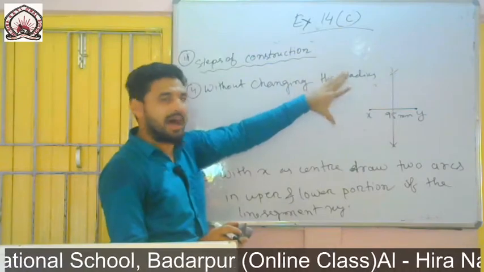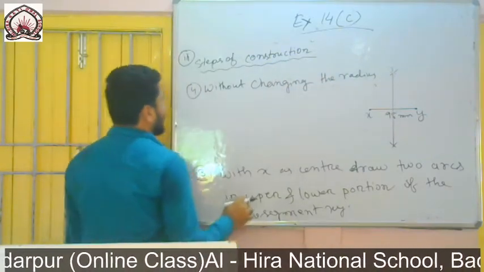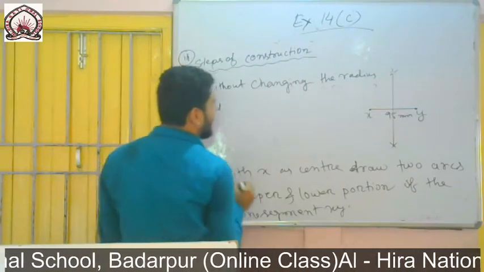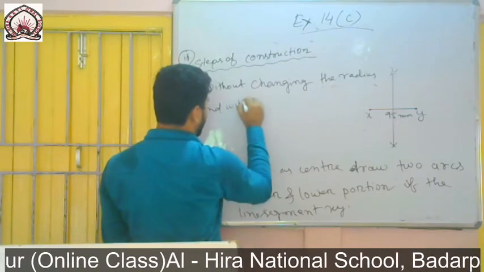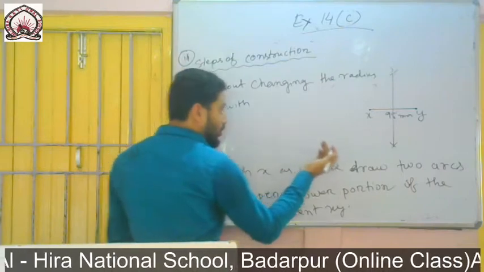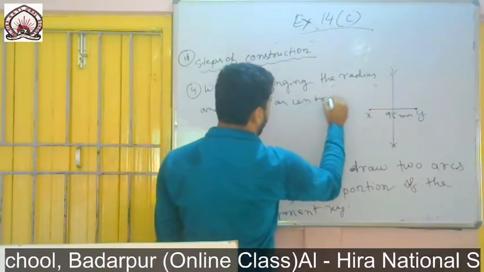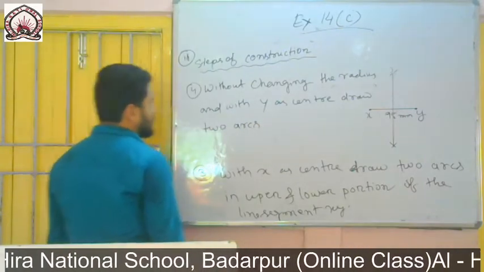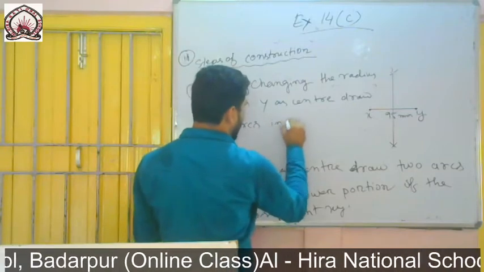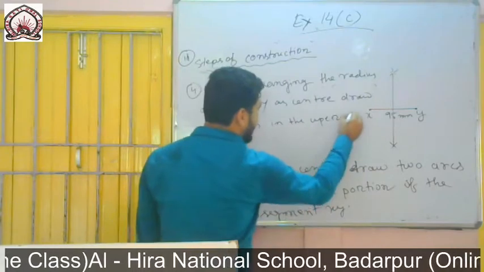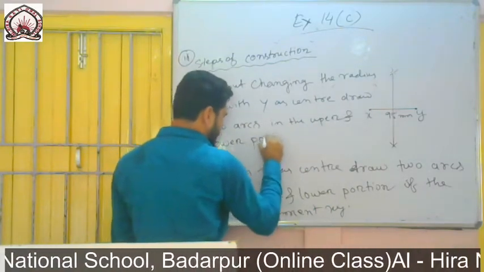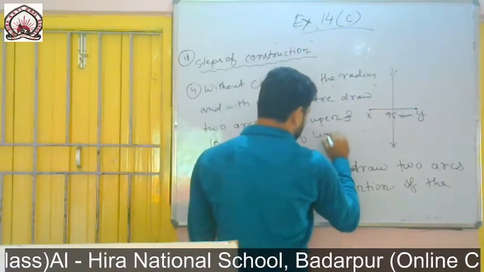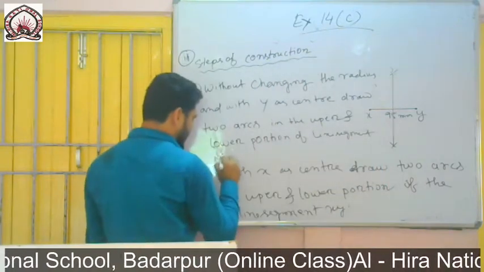Whatever you have taken, that is more than half, without changing this distance, this radius, and with Y as center, draw two arcs in the upper and lower portion of line segment XY.